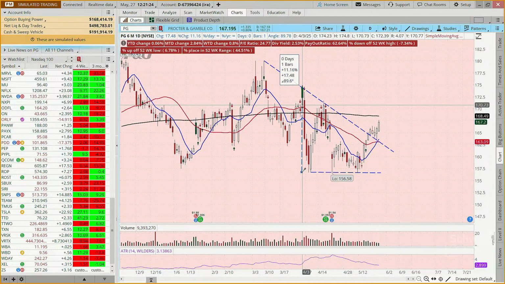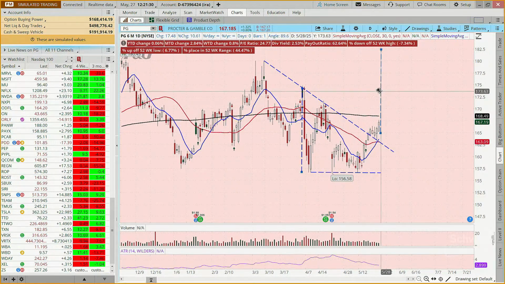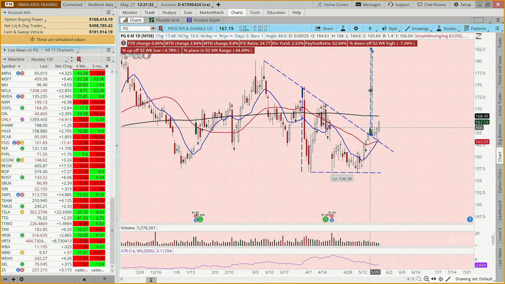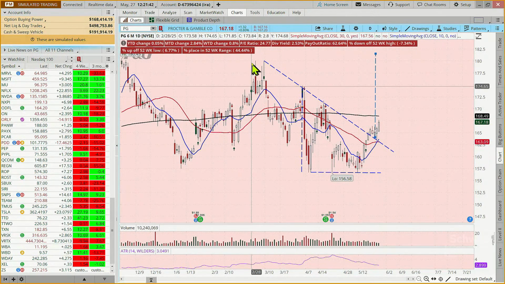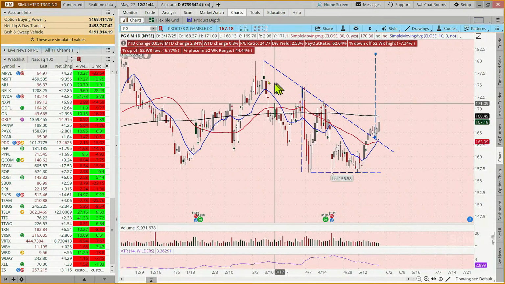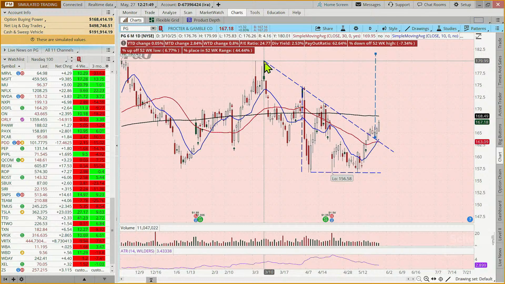So some might say, okay, I'm going to duplicate this, and I'm going to make my target from here when it bounced. So I'm going to make my target somewhere around this 181, which is interesting because this is a swing high, and some might measure from the very tip of the wick.